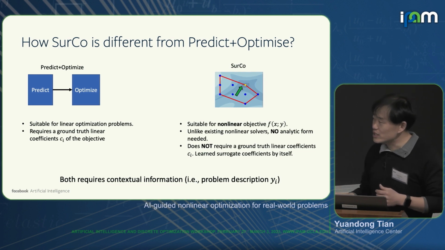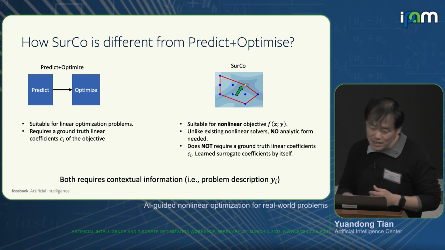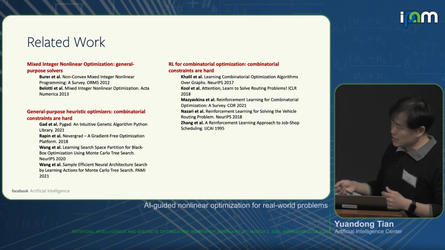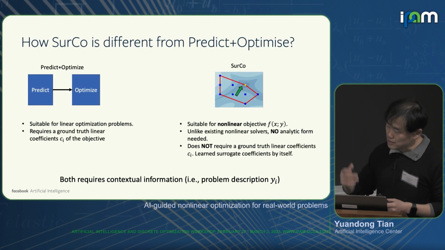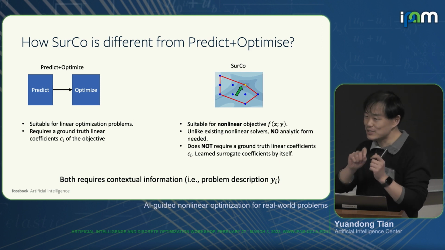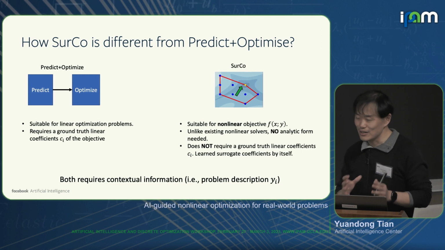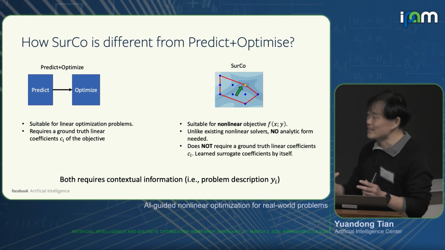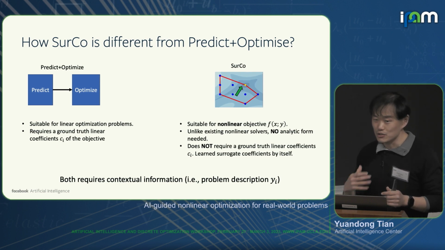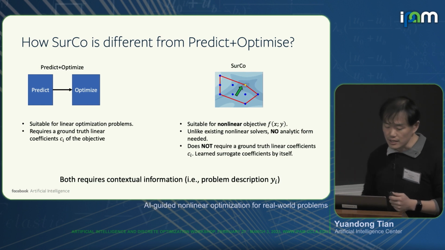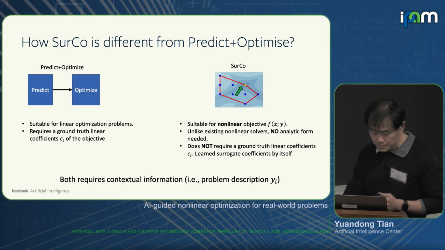This is in contrast with existing nonlinear solvers with combinatorial constraints, for example nonlinear solvers in SCIP. They require you to write down the analytical form, with log, exp, and polynomial forms, in order to construct the nonlinear functions so that they can find the upper and lower bounds for that function to do branch and bound. But in our case, we just do gradient descent, so we don't need any analytical form.